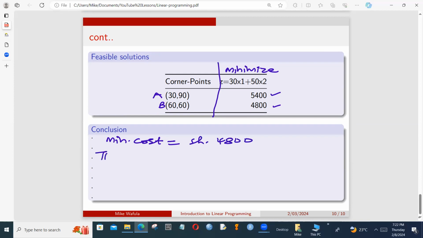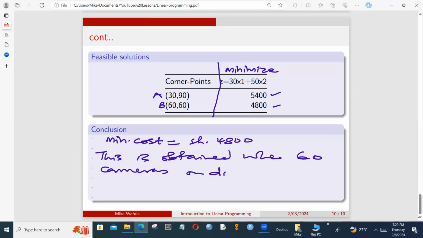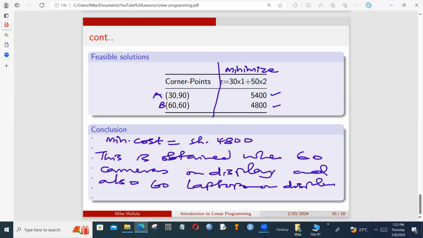And this is obtained when we have 60 cameras on display and also 60 laptops on display. So that's how we use the graphical method to solve a linear programming problem.